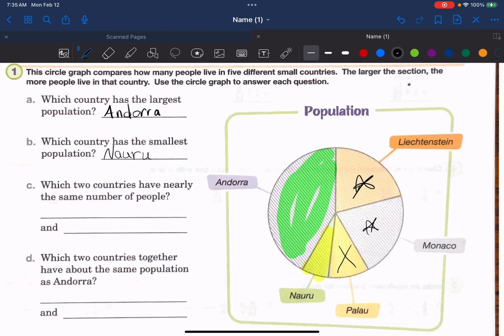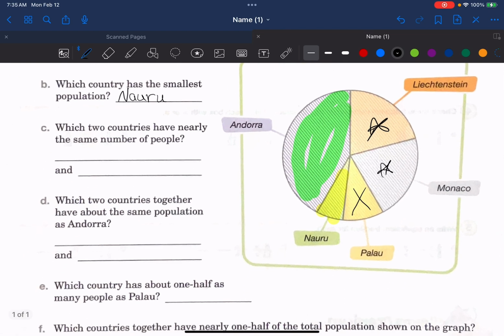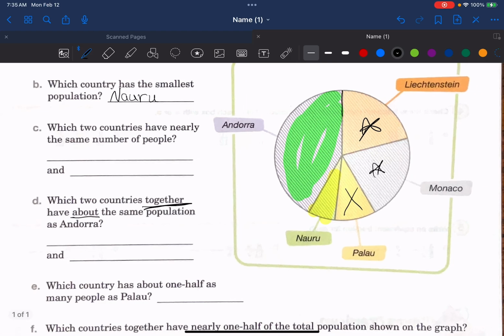So you're going to write those 2 names. And then which 2 countries together have about the same population as Andorra? Okay, so Andorra, if I look at how big that is. It's about a third of my graph.